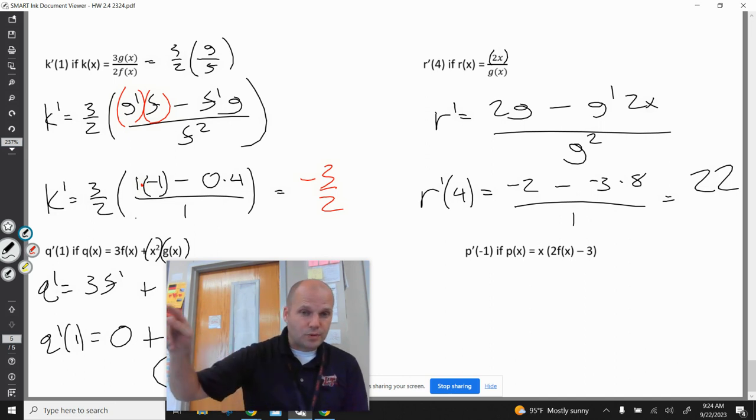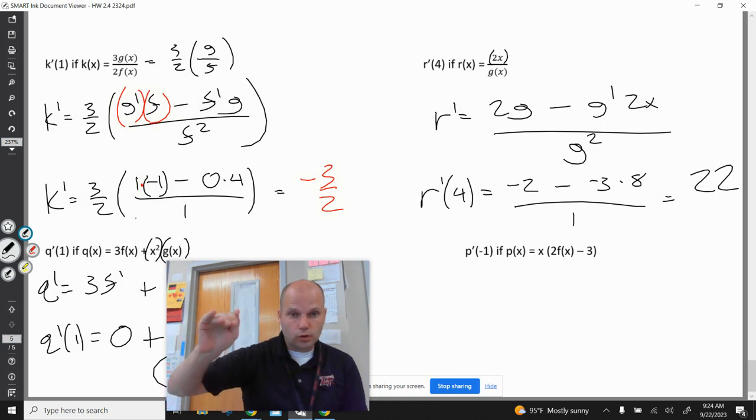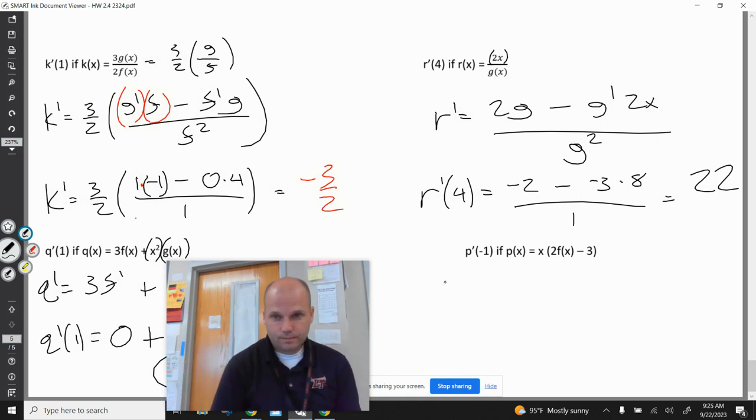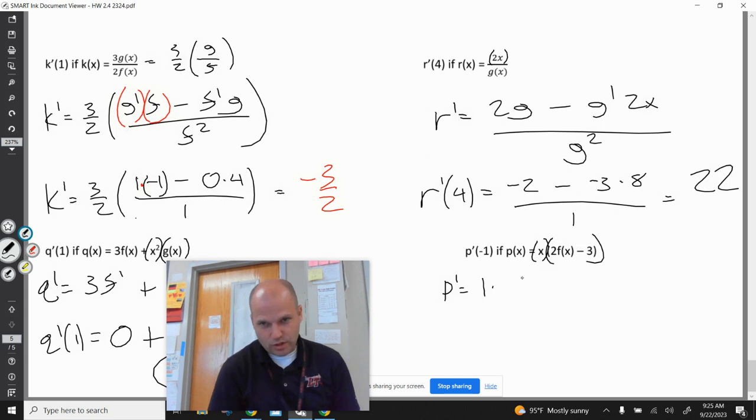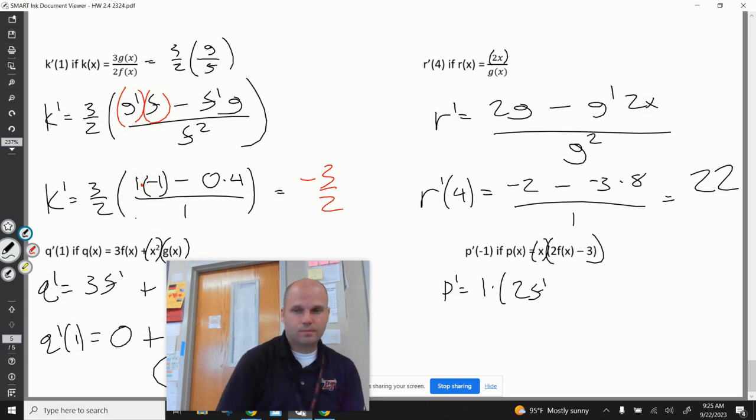You can either distribute the x to simplify first before you take the derivative, or you can use the product rule right away. I'm going to use the product rule. X's slope is 1. 2f minus 3's slope is just 2f prime minus 0. The slope of 3 is 0. This is a tricky one.